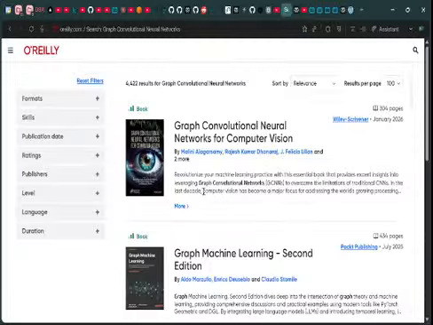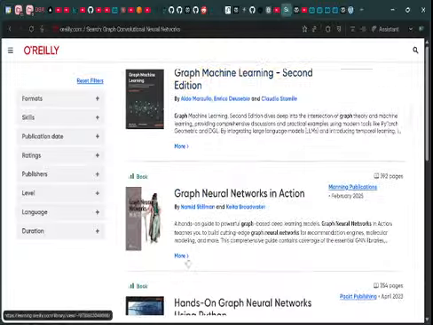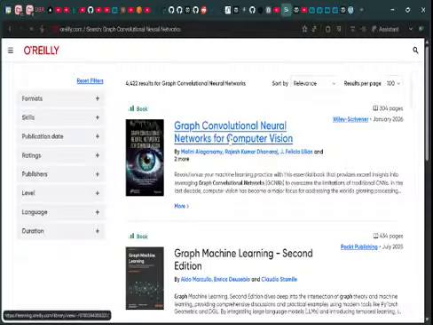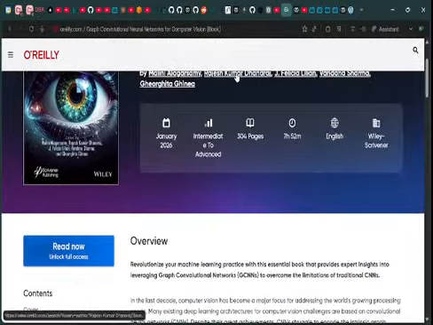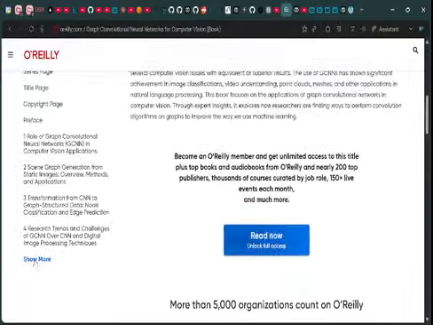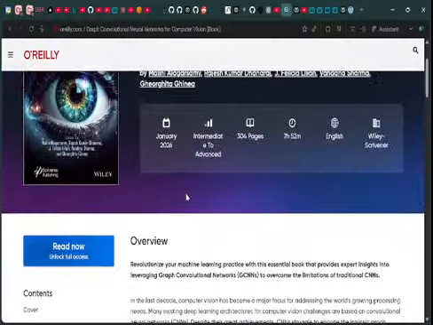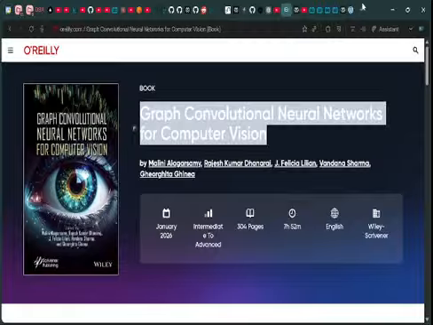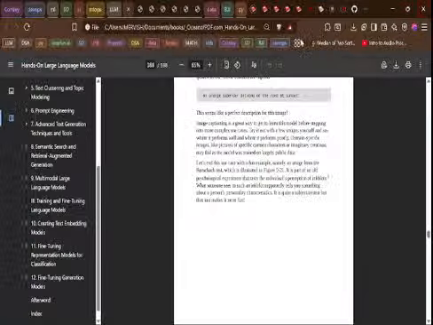Graph convolutional neural network, graph machine learning. Going on the deep end.